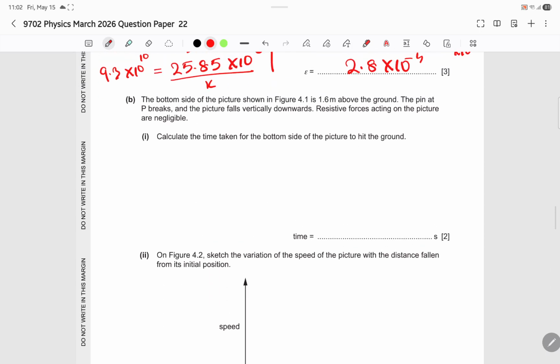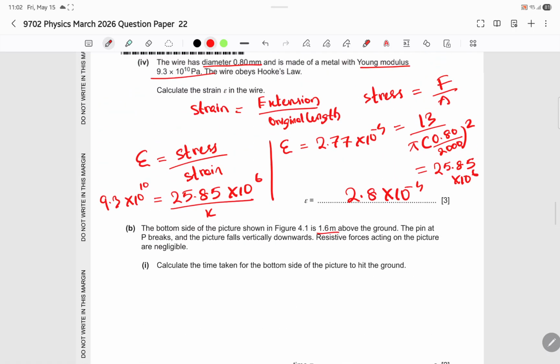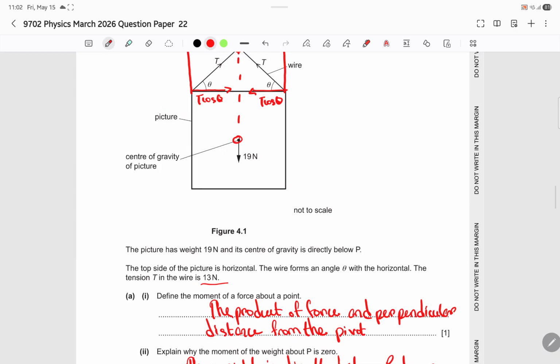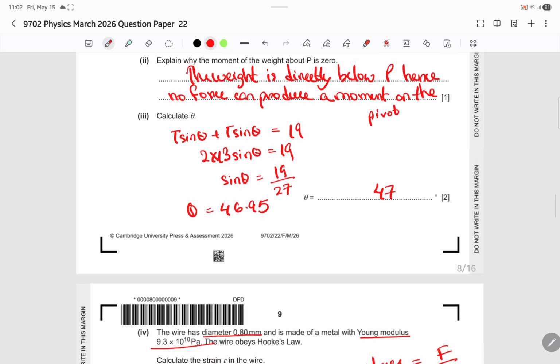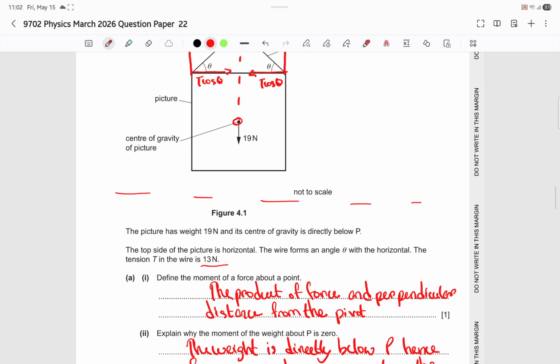Now, the bottom side of the picture shown in figure 4.1 is 1.6 meters above the ground. So let's say the ground is somewhere around here. And it says that the bottom side of the picture is 1.6 meters above the ground.